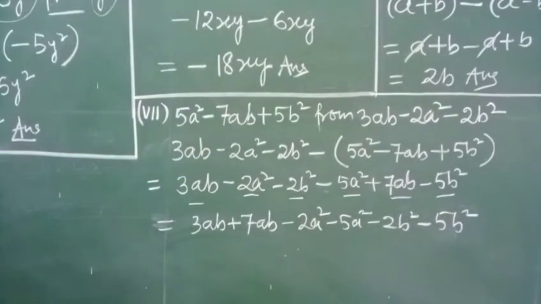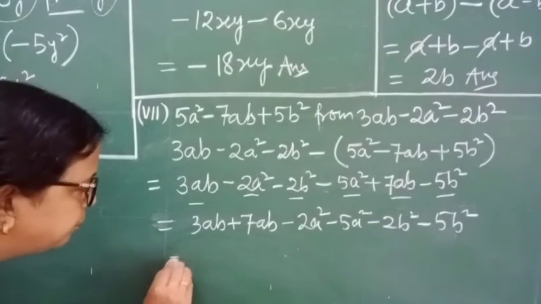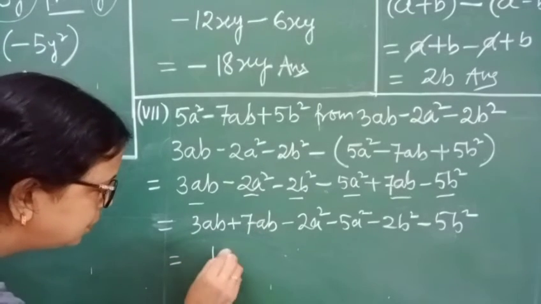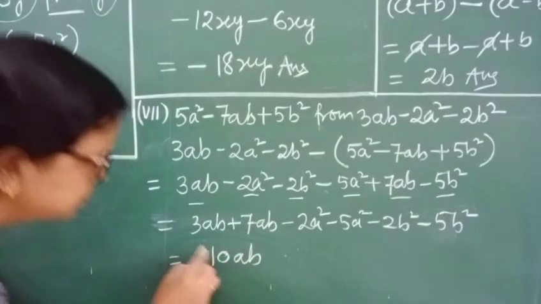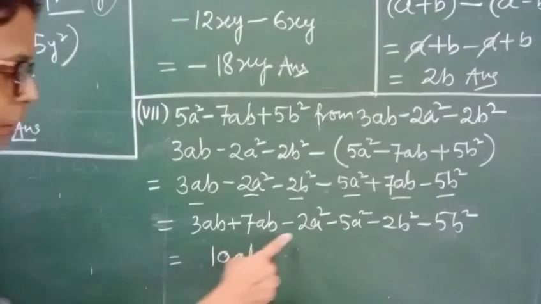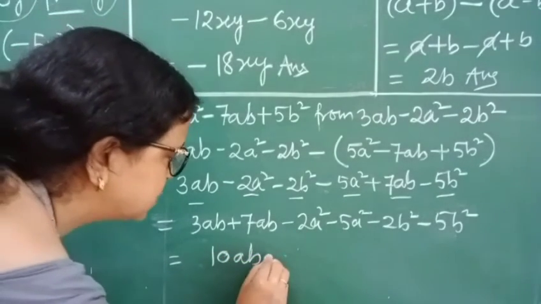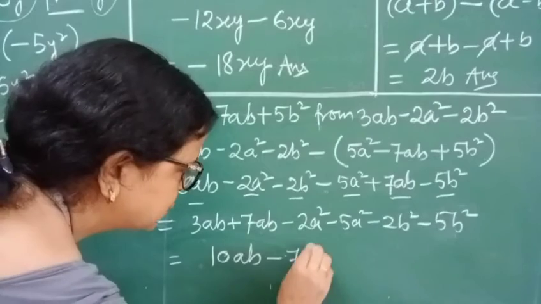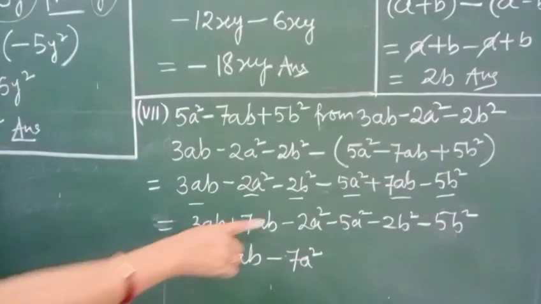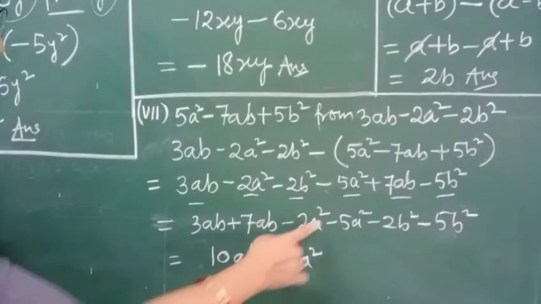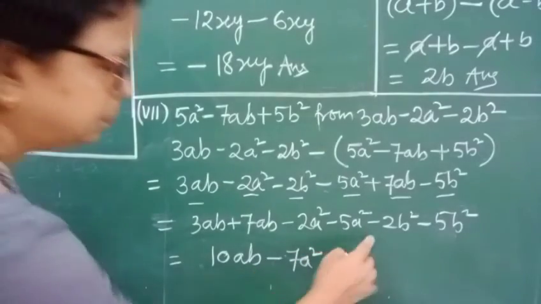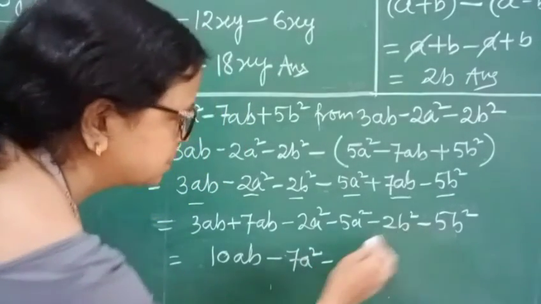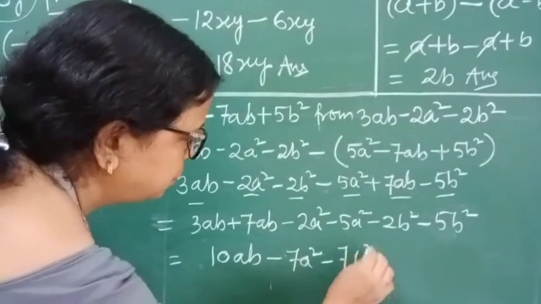Already arranged according to their like terms. Then 3ab plus 7ab is 10ab, both have positive sign, so positive sign in front. Minus 2a square minus 5a square is minus 7a square, same signs need to be added and the available sign will come in front, as it was minus. So minus 2b square and minus 5b square, so minus 7b square.